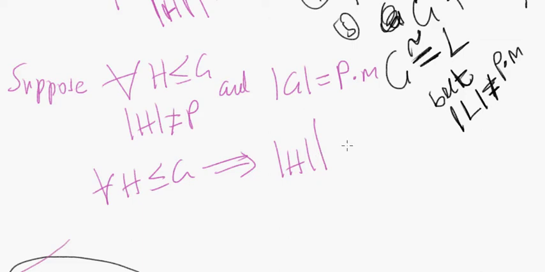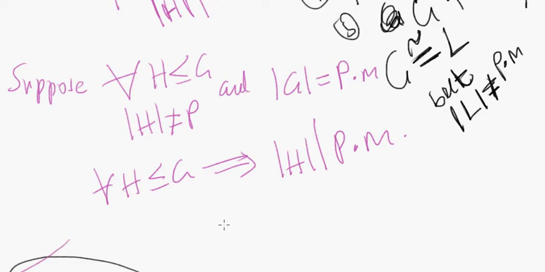So the order of H must divide P times M. But if the order of H does not equal P, and P is a prime, can the order of H divide P then? Unless H equals the identity.